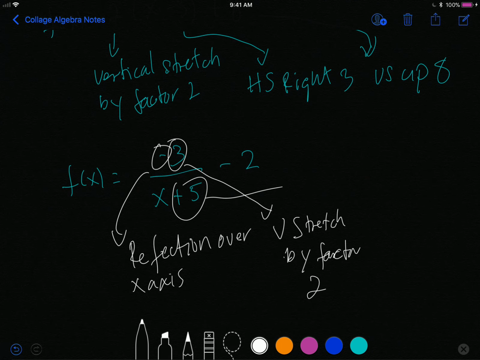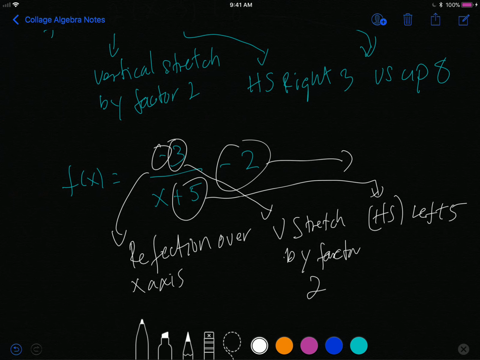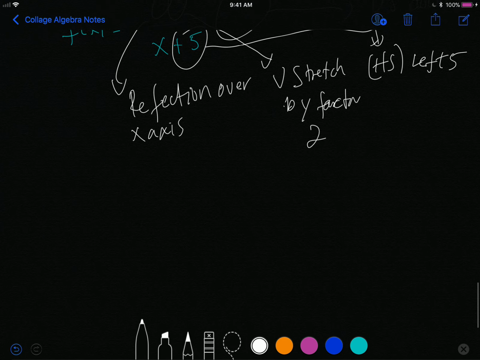The plus 5 is a horizontal shift, and that's going to go left 5, and then the minus 2 out of space will be a vertical shift, and that's going to be down 2. Alright, these things can get complicated, and often they can be judged this way.